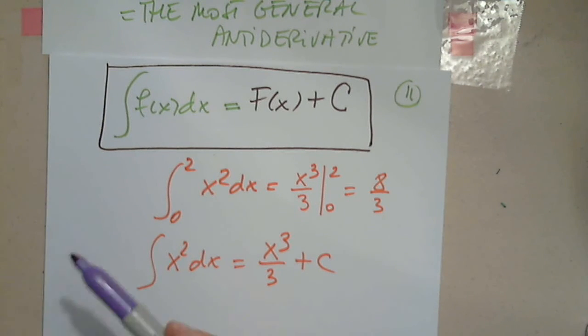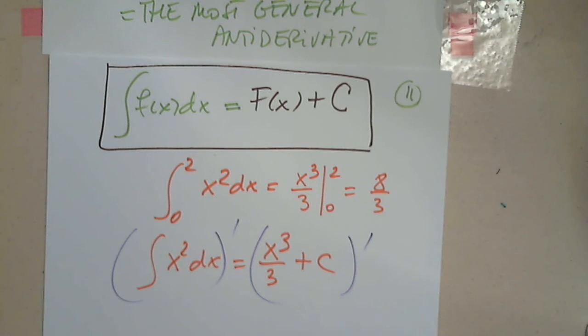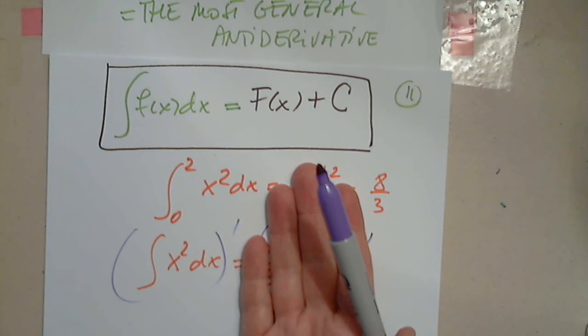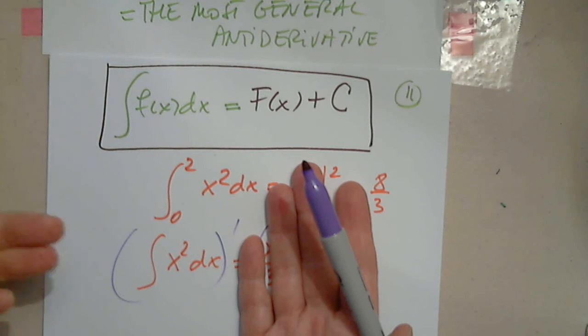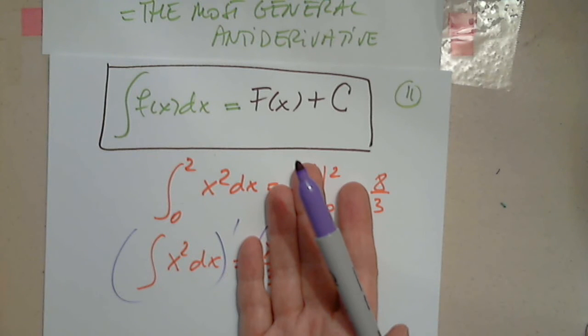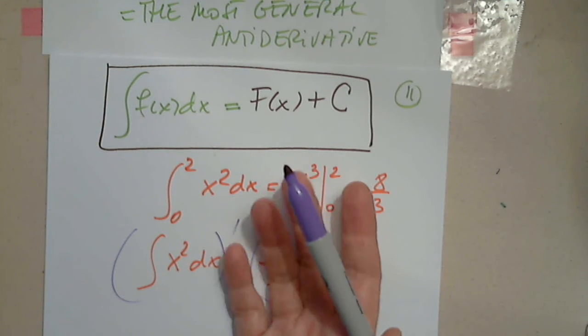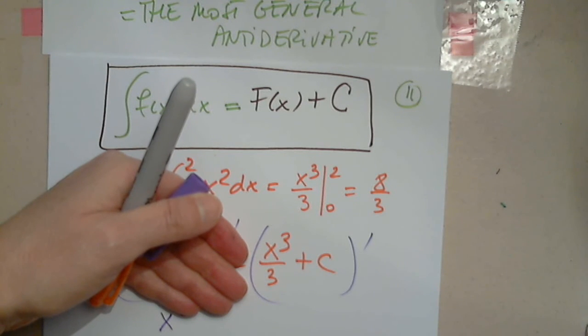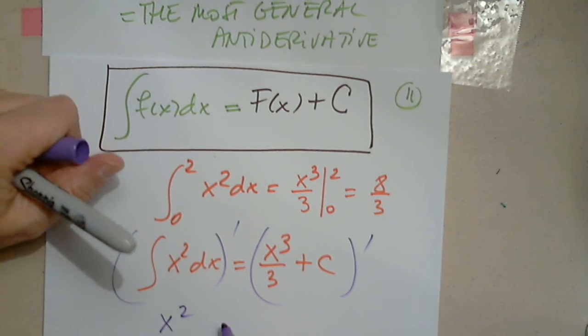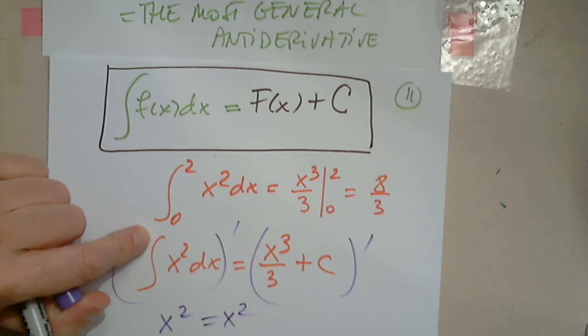And when I differentiate the left-hand side, what do I get? Just x squared. Excellent. When I differentiate the right-hand side, what do I get? X squared. Thank you very much.